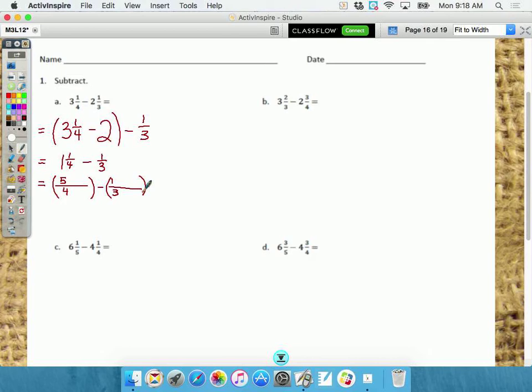Okay, what's the new denominator? 12. Now I got rid of my 1, so I don't have to bring a 1 down because I did 1 times 4 plus 1 to get 5/4.